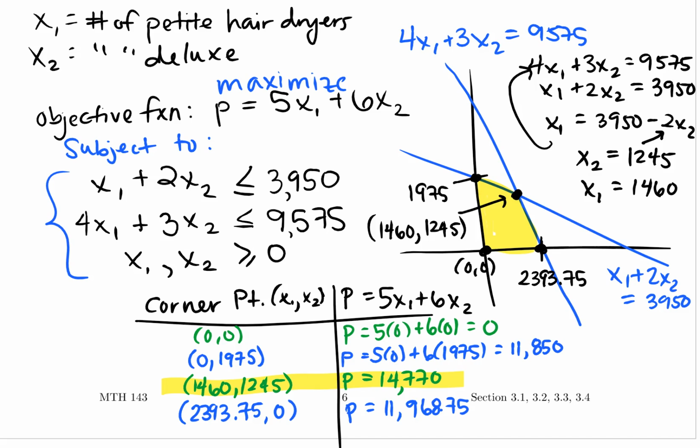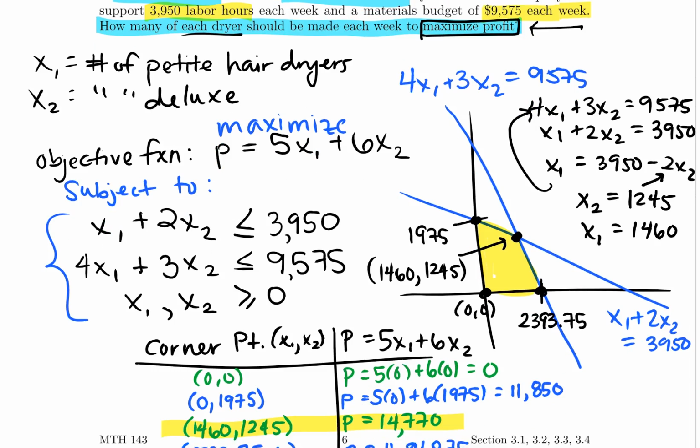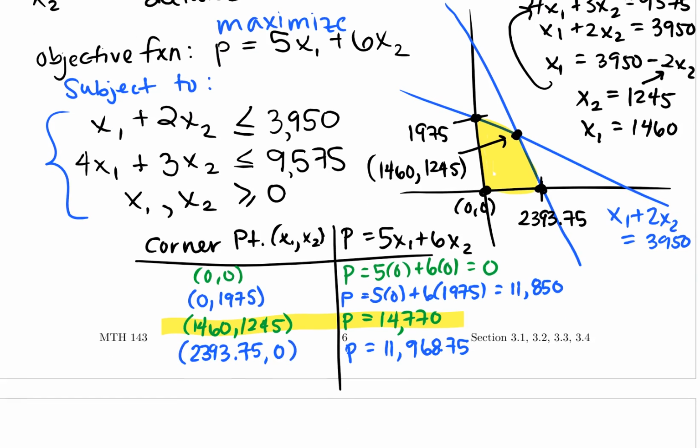So we want to go ahead and answer the question that was asked in the original problem. And that question was, how many of each dryer should be made to maximize the profit? So we should make 1,460 petite, and we should make 1,245 deluxe.